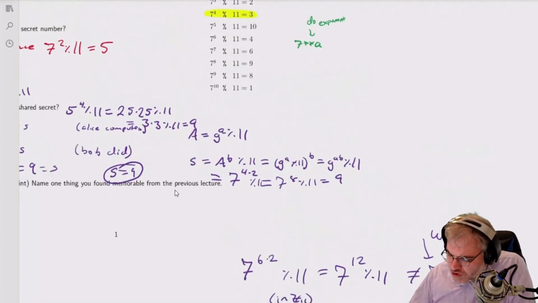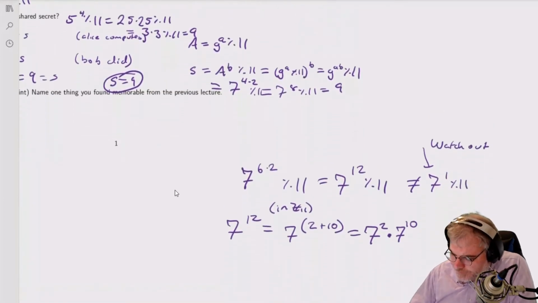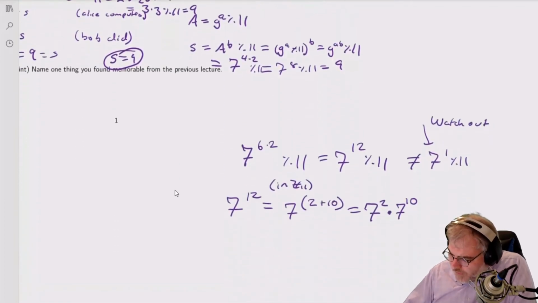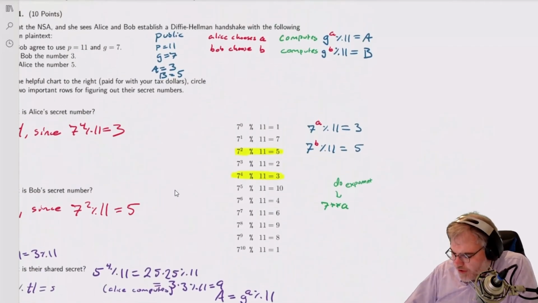And I know on my chart that 7 to the 10th is 1. So that equals 7 squared mod 11. Then I calculate 49, or I look at the chart, which tells me it's 5.